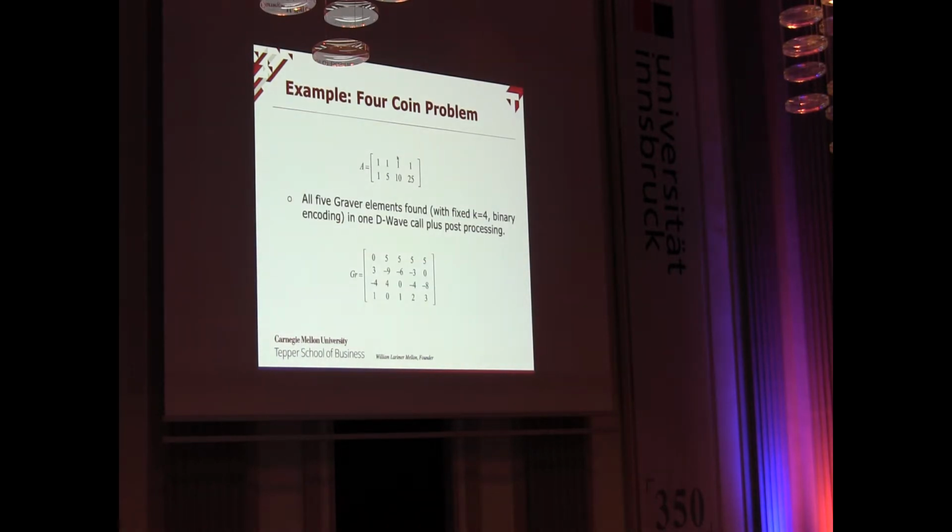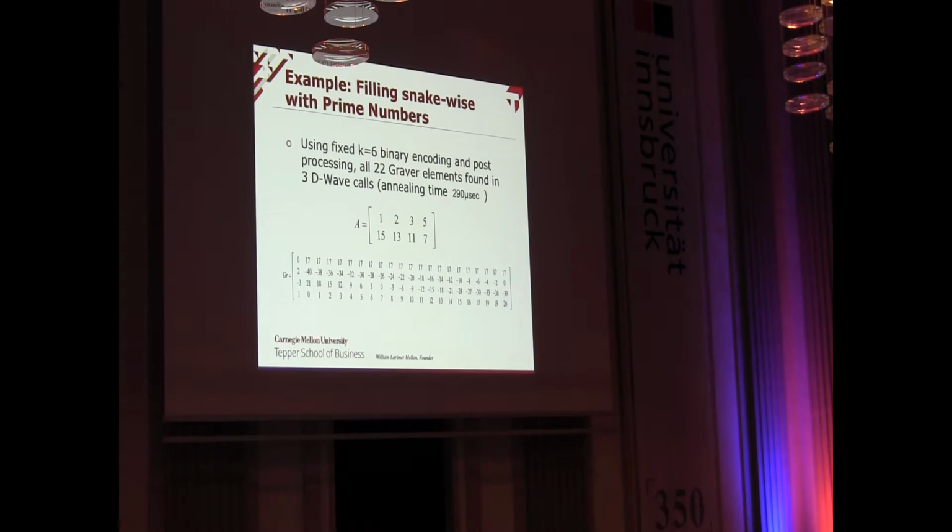So this is one example, the 4-coin problem, which is pretty famous in this context. In one call of D-Wave with an encoding of 4 bits, we end up with all of the Graver basis elements. In this one, which is pretty harder because all of the elements in the matrix are prime numbers, we end up extracting all of the Graver basis in 3 calls.